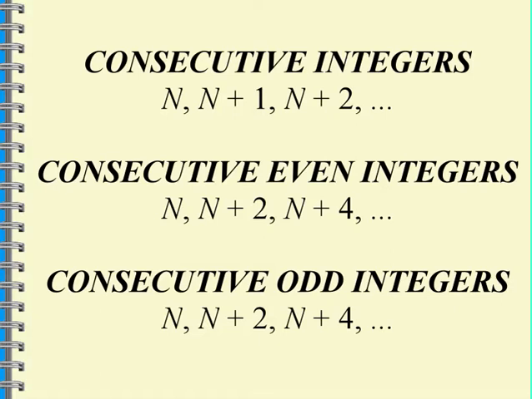Okay, consecutive integers, consecutive evens, and consecutive odds. What are the last two? I'll take care of that. Just write it down.